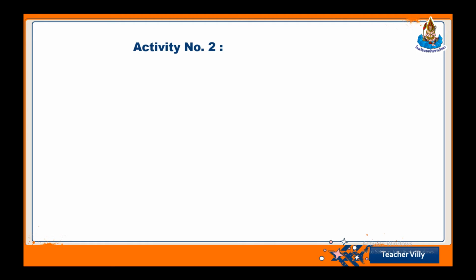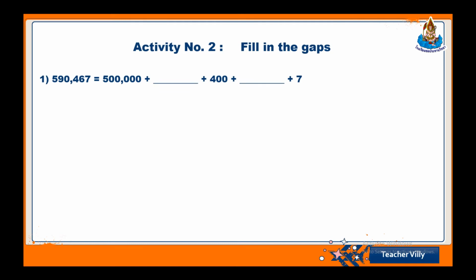Next, let's move on to our next activity. This is fill in the gaps, or fill in the blanks. You're going to write your answer in the gaps. We have question number 1.